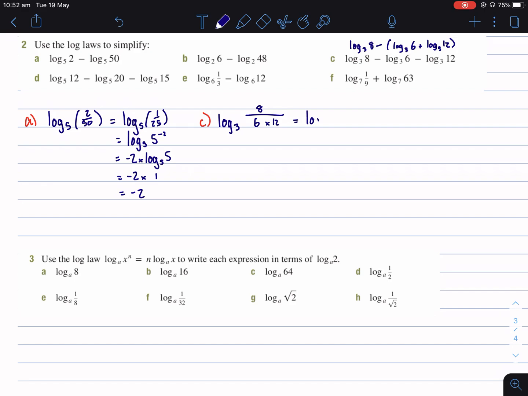So this is log base 3 of 8 over 72, 1 on 9, which means log base 3 of 1 on 9 is 1 on 3 squared, so it's 3 to the minus 2, which means it's negative 2 out the front, times log base 3 of 3, means it's negative 2 times 1, which is just negative 2. I wonder if all of these will have the same answer.